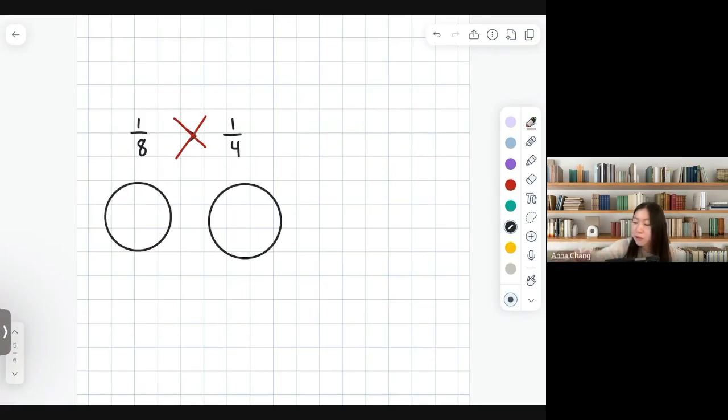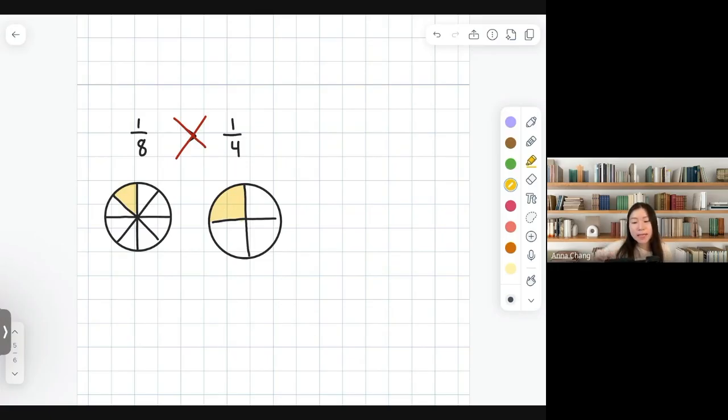In reality, when you draw your wholes and divide them into the correct number of pieces, depending on that value in the denominator, you'll clearly see that 1/8, one slice here, is a lot smaller than 1/4, one slice here. In other words, when you divide your whole into more pieces, meaning you have a bigger number in the denominator, each of those pieces is going to be smaller.